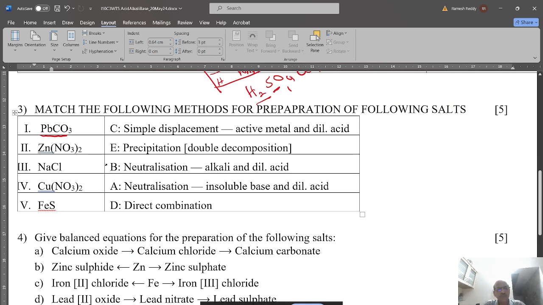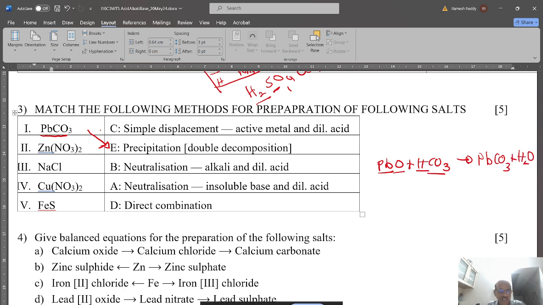That's how PbCO3 is formed: precipitation by double decomposition. That's the one thing. It's not a simple displacement. It is PbO plus H2CO3. Here PbCO3 will form, that is a salt, and H plus O will form H2O.